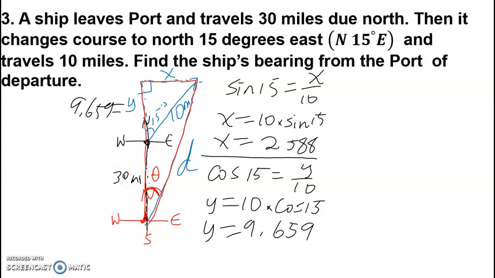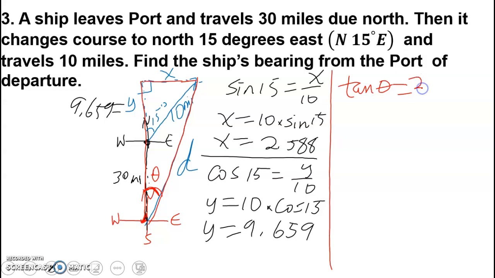So therefore, tan theta is opposite, which is that x. X is 2.588. Adjacent, which is adding 30 and that 9, that's 39, which is 39.659.